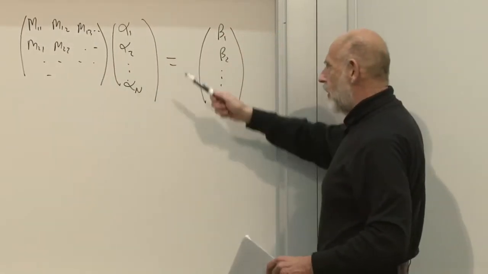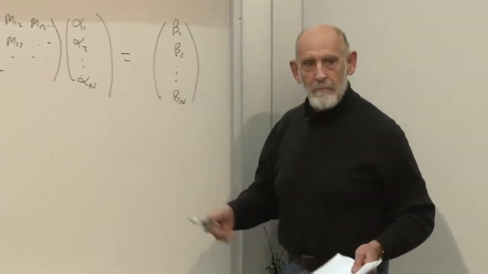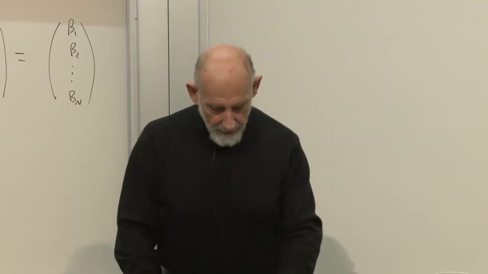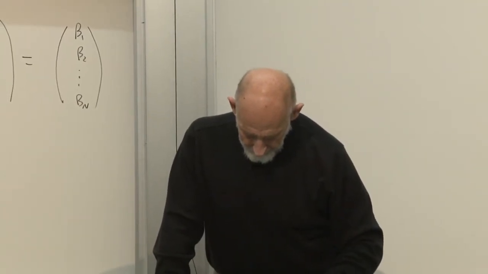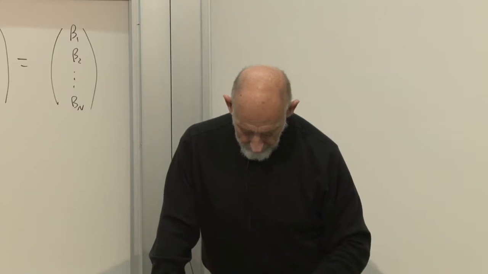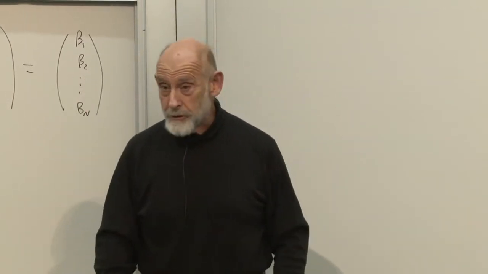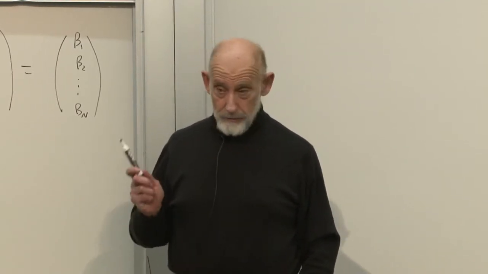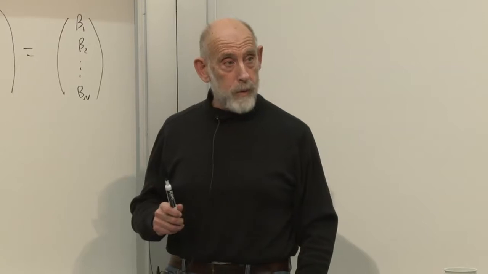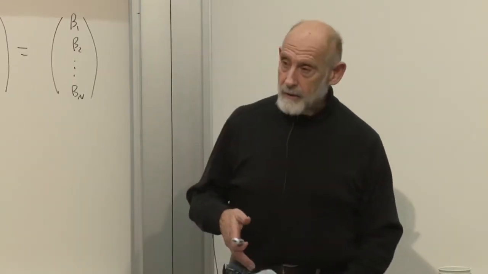Then it goes to the next row, does the thing again, and just spits out the final answer. These things, of course, are also true for ordinary vectors in three-dimensional space. We tend not to use them as much in three-dimensional ordinary vectors, but they're quite essential in quantum mechanics.